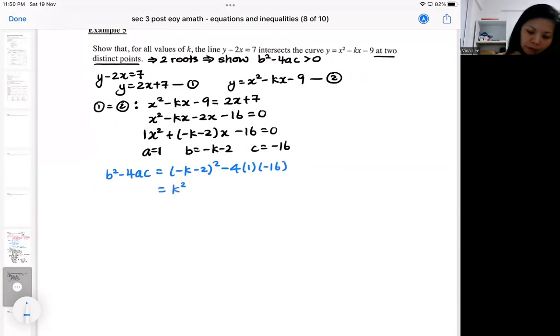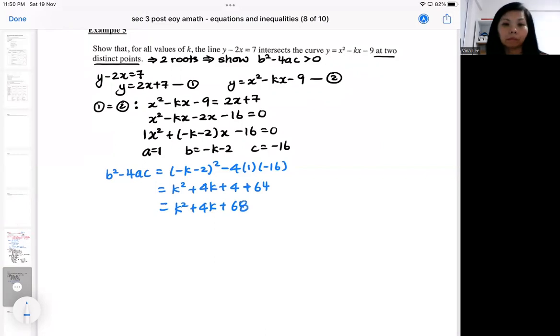That involves a little bit of algebra expansion. After my algebra expansion, you will realize that you actually get a quadratic function.